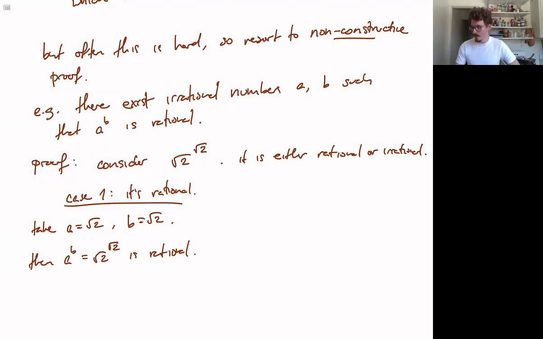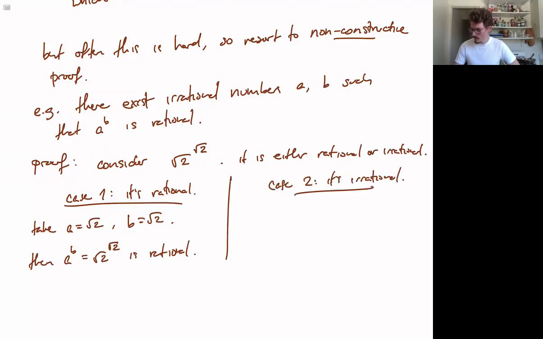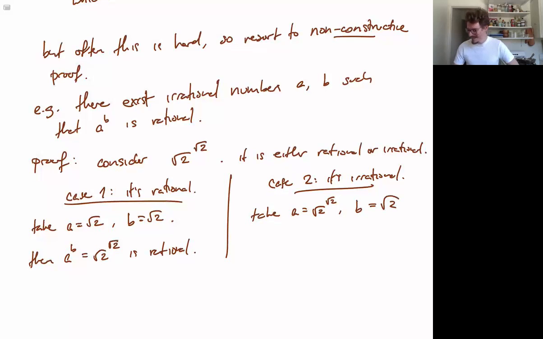But we don't know that this is true, so we have to consider another case, which is when root 2 to the root 2 is irrational. And in this case, we take a to be root 2 to the root 2, and b equals root 2. And what do we do here?